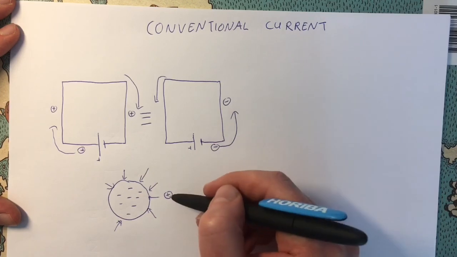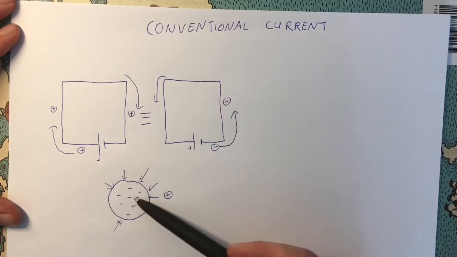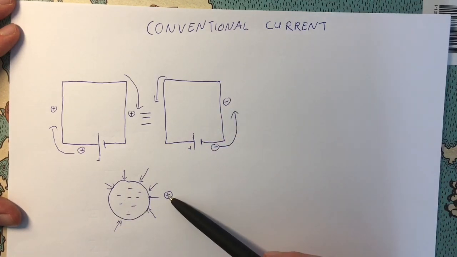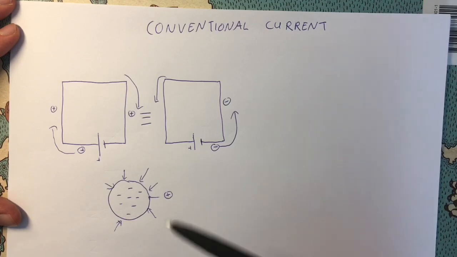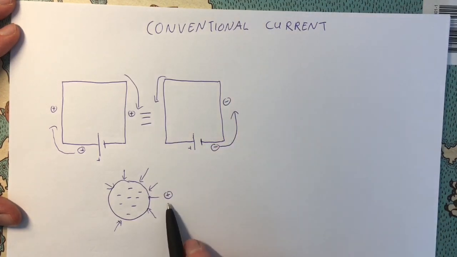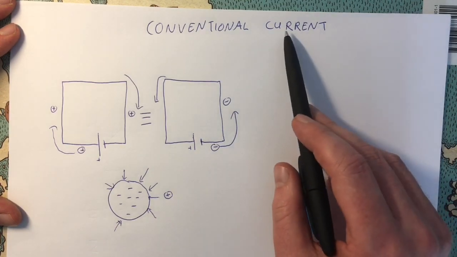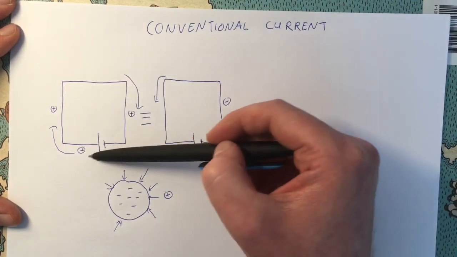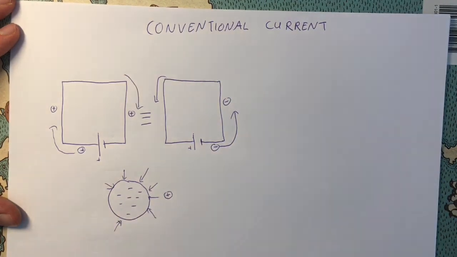So there's just a convention. This could be a large positive charge, and this could be a small negative charge. But there's a convention that we call this test charge positive. So that leads to the conventional current being the direction that a positively charged particle will take.